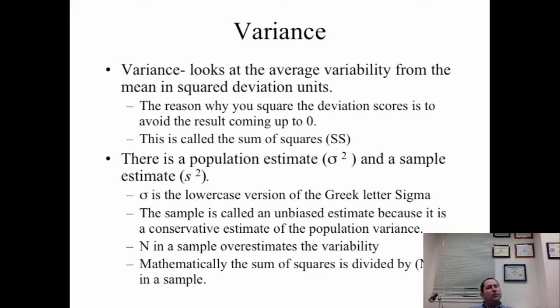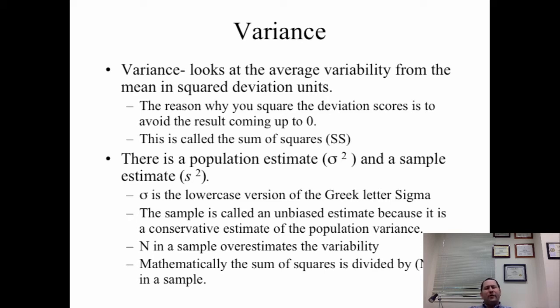Now you'll notice that because a sample is smaller than a population, we have to have a more conservative estimate. In order to make sure that our estimate is conservative, we actually use n minus 1. And so we take one participant away from the total number of participants.